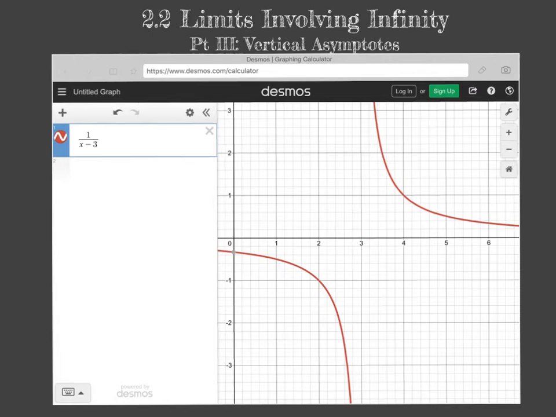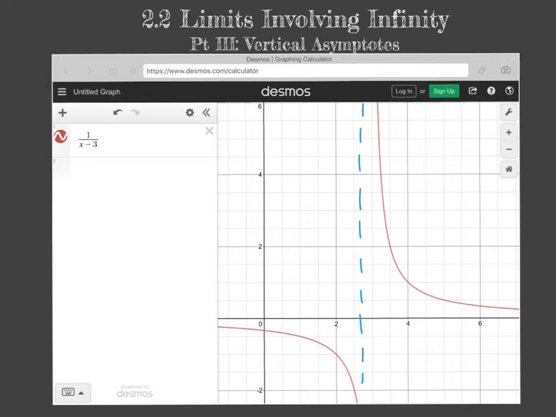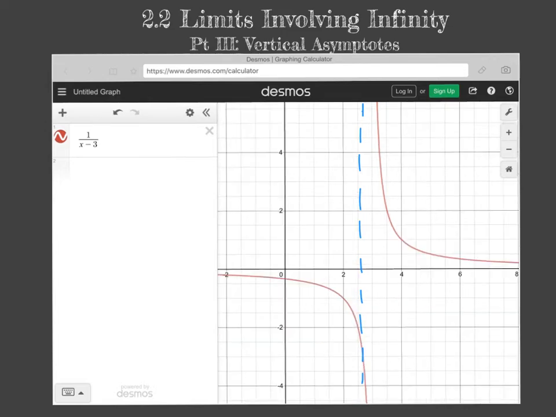I didn't draw this in before, but I can sketch in the vertical asymptote with a dotted line to show that it is in fact a vertical asymptote. And we can see clearly on either side of when x is 3, that our graph is approaching positive infinity as we approach from the right-hand side, and our graph approaches negative infinity when we approach from the left-hand side.